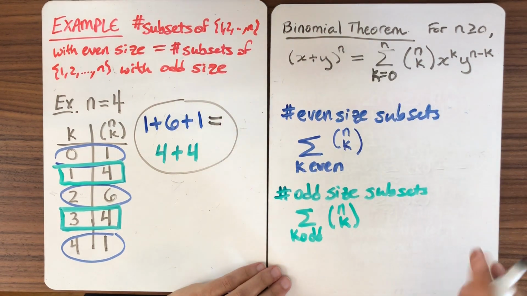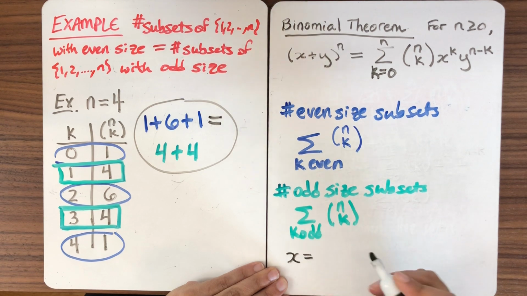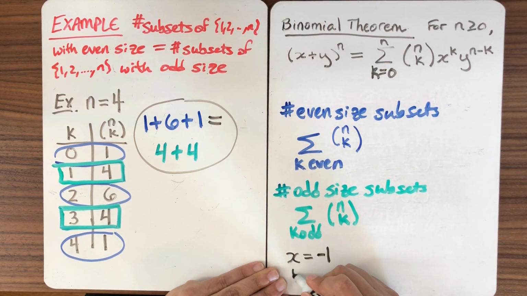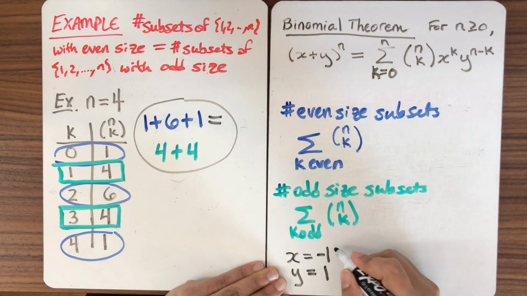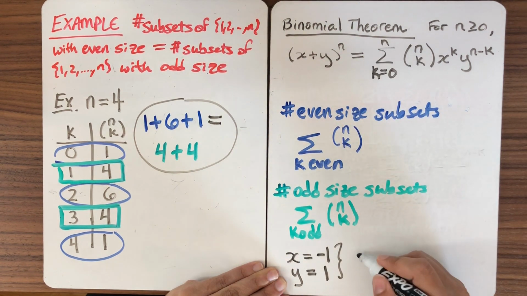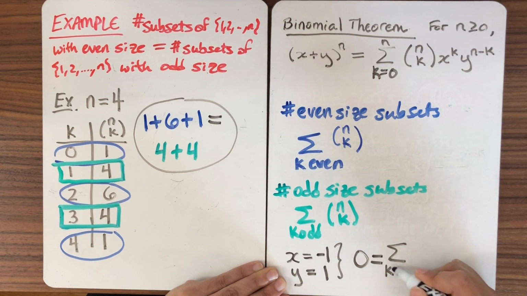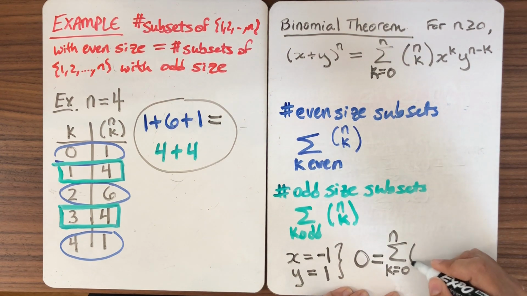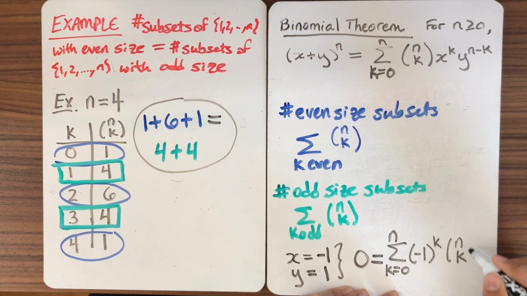So watch what happens in the binomial theorem when I let x be minus 1 and y equal 1. Then what do I get? I get minus 1 plus 1, which is 0, is equal to the sum from k equals 0 to n of minus 1 to the k, n choose k.